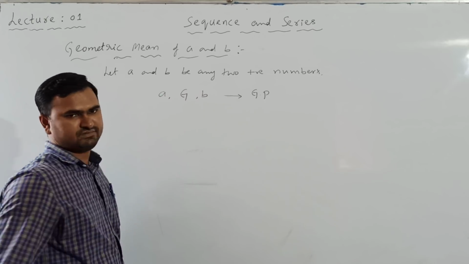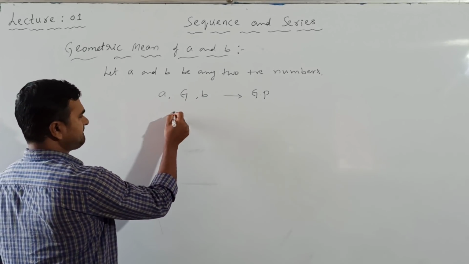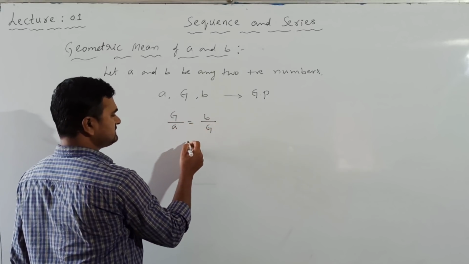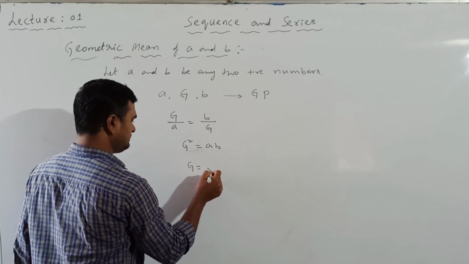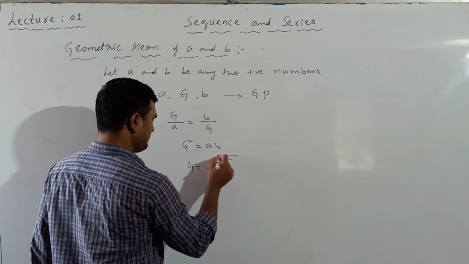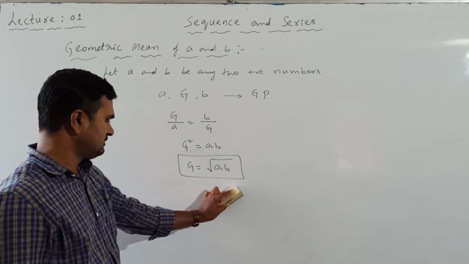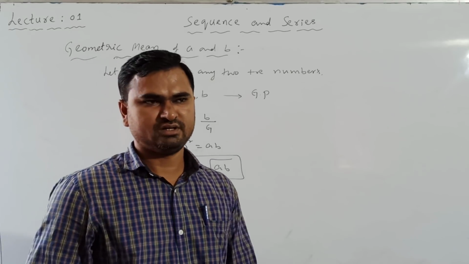Now to find the G value here, since they are in GP, the ratio should be same. G by A should be same as B by G. So G square equal to AB. So G will be square root of AB. So the formula for geometric mean of two given numbers A and B is the square root of AB.